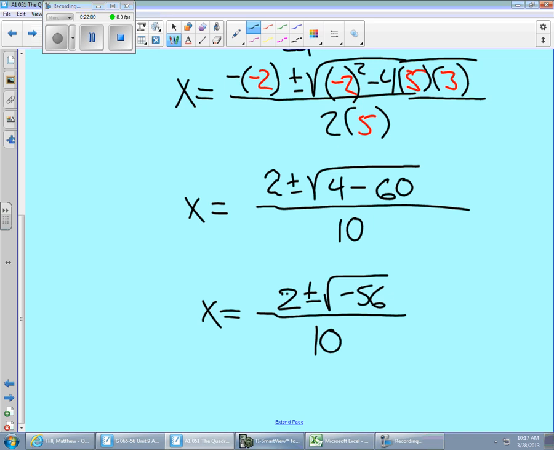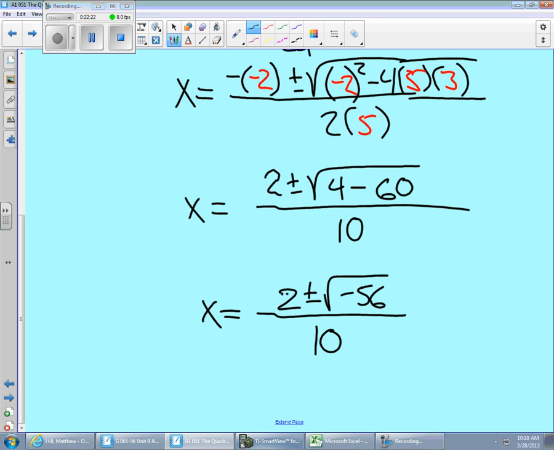Because whether it's a positive times a positive, you end up with a positive, or if it's a negative times a negative, you end up with a positive. So the question I've got is, what number can we multiply by itself and end up with a negative value? No matter what, we should always get a positive value when we do a number times itself.